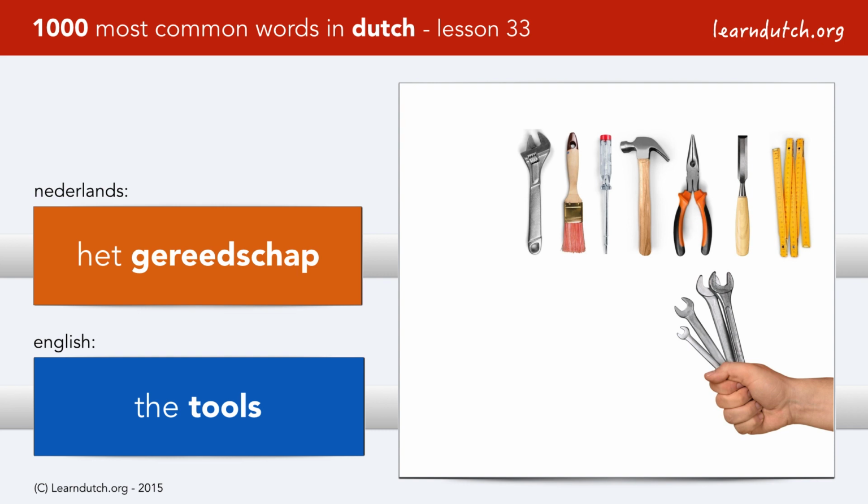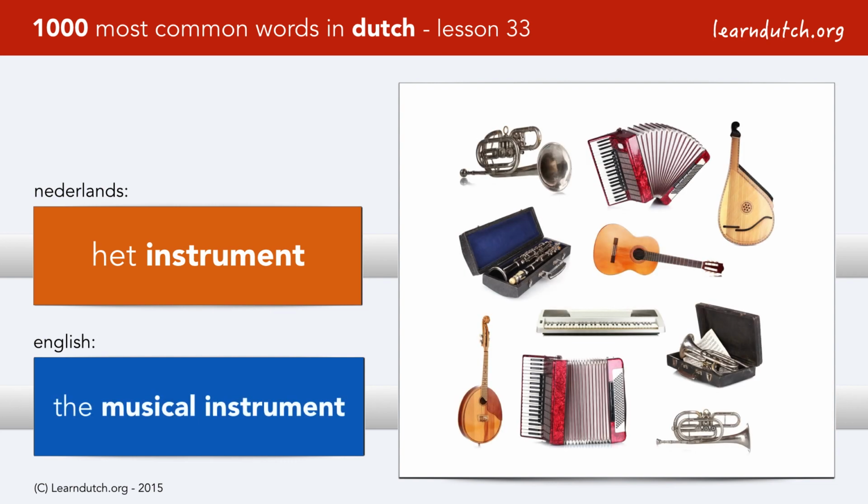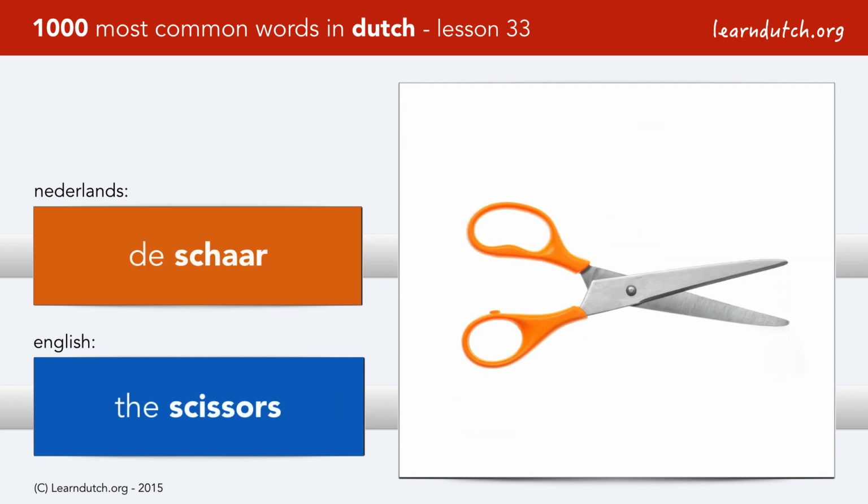Het gereedschap. And when we talk about one, we say het instrument. And it can have two meanings, a tool or a musical instrument. De schaar.